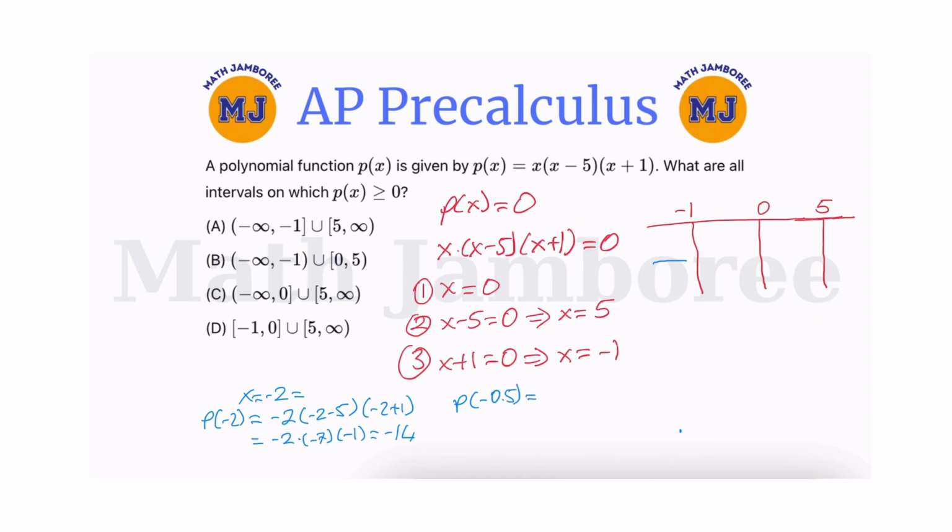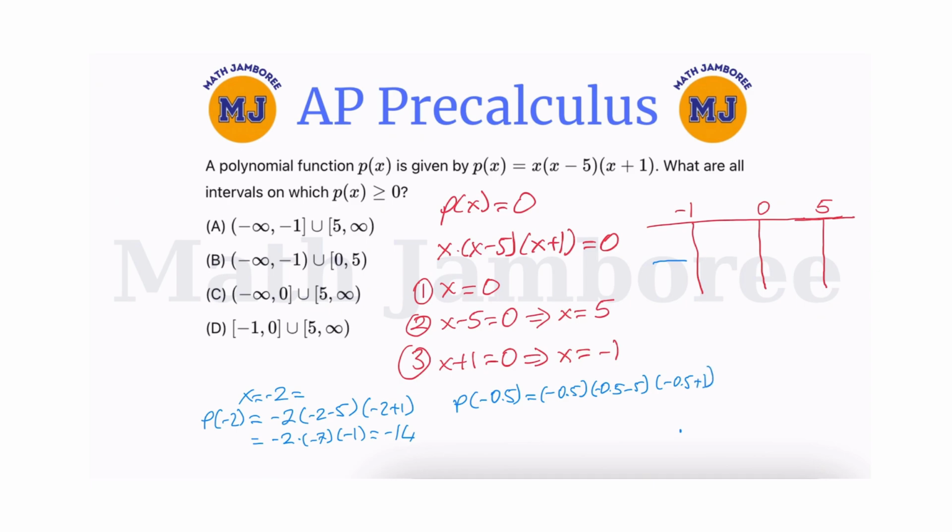If I substitute negative 0.5 for x, this becomes negative 0.5 times negative 0.5 minus 5 times negative 0.5 plus 1.